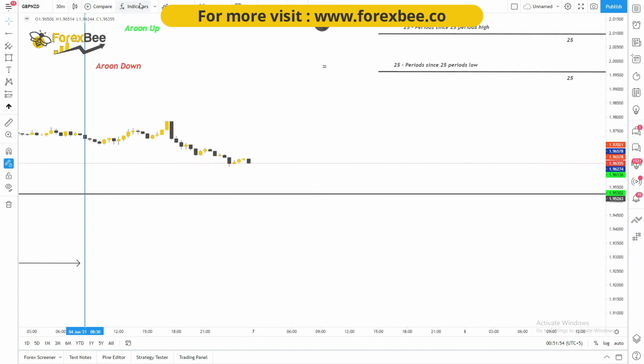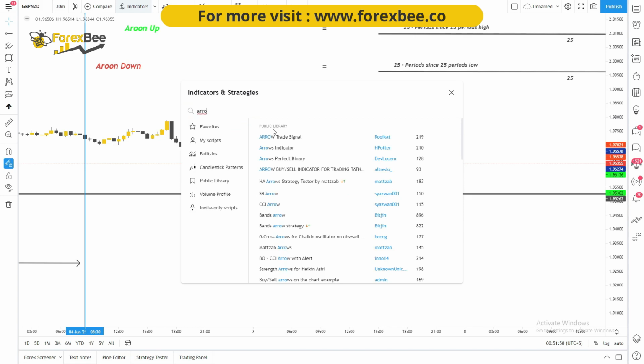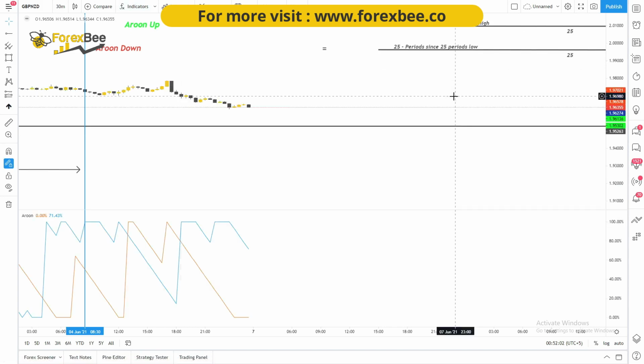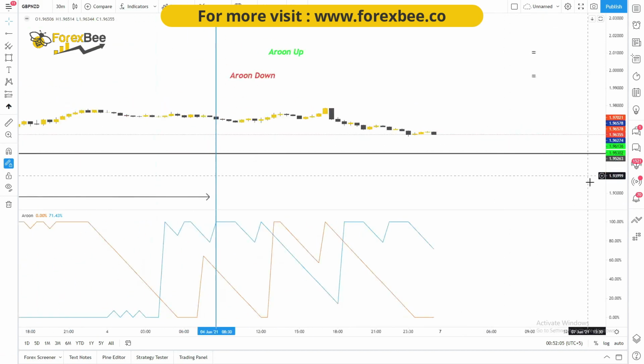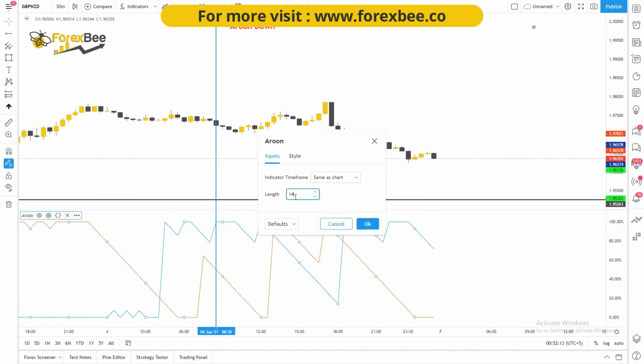Now let me validate the calculation which we just did. I'm gonna go ahead and apply the Aroon Indicator and see how accurate we were. We calculated our value at this candle, right? First of all, let me change the setting here.